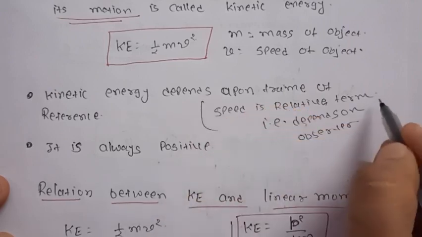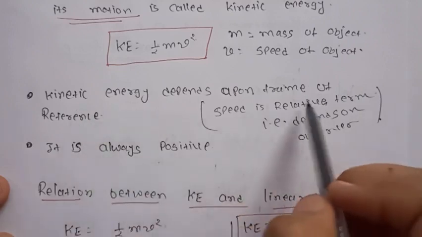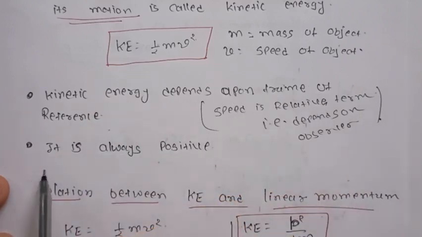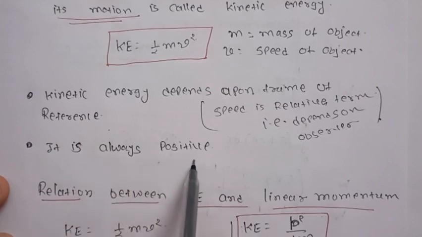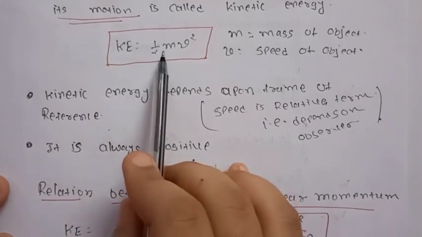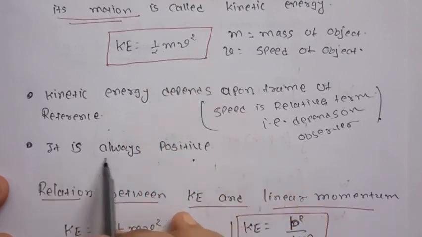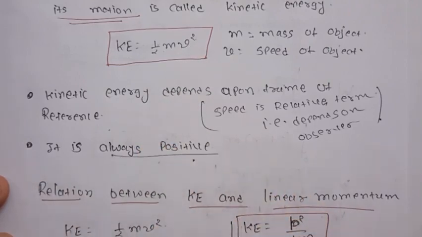So the kinetic energy will also depend on the frame of reference, that means on the observer. The kinetic energy is always positive because mass cannot be negative, and v square is also positive. So kinetic energy is always positive.